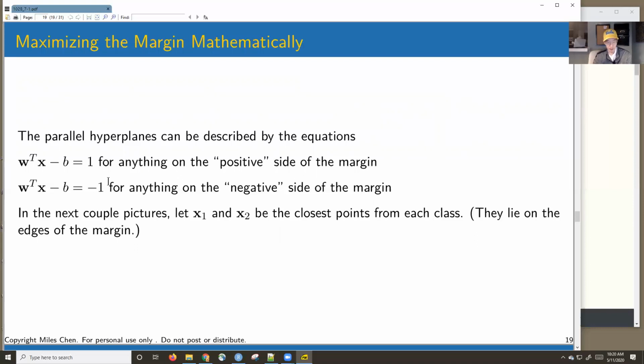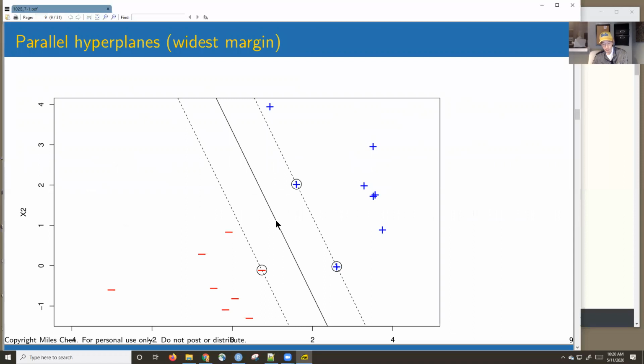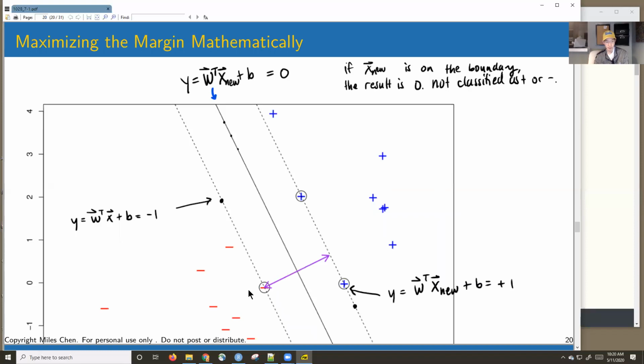So this is going to represent the middle, where w transpose x minus b is equal to 0, and then here it's going to be +1, and here it's going to be -1. Technically it could be +1 for any of these things, but we're going to choose it to be +1 and -1 for these boundary points here.